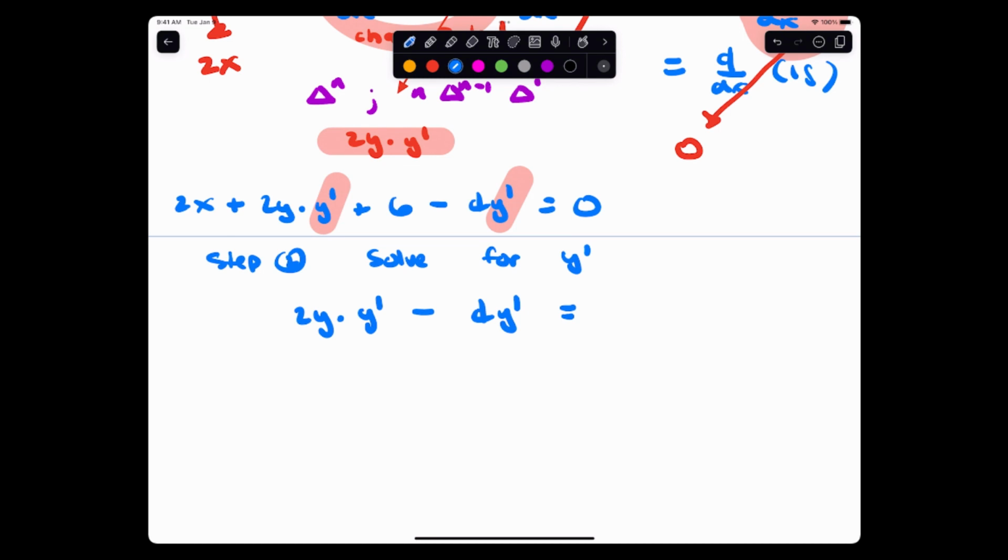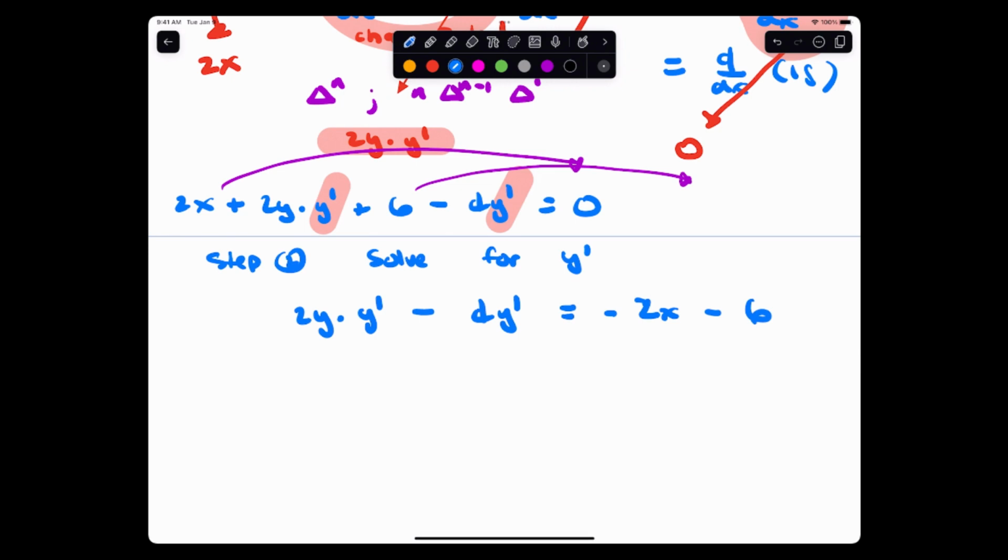And notice what I'm doing. I'm going to subtract 2x from both sides, subtract 6 from both sides. This is sometimes known as translating. If you move a term to the other side, just change the signs. So if it's positive on the left, it'll be negative on the right. You guys okay with that?